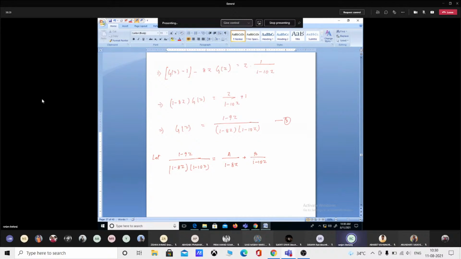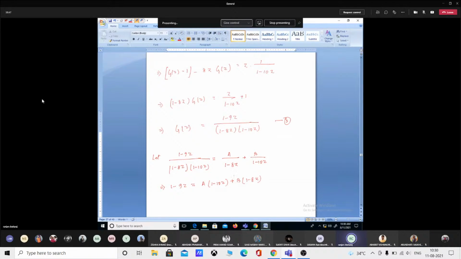Okay, and again multiplying both sides by the denominator, this side you will get 1 minus 9z, and this side A times 1 minus 10z plus B into 1 minus 8z.